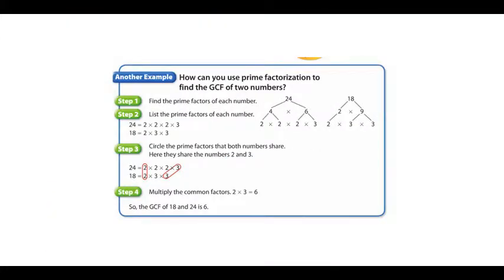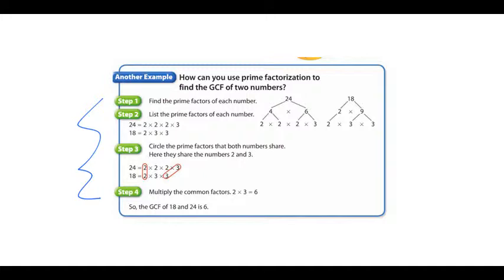Before we do that, just real quick, another example of a way you can find greatest common factors. If you don't know all the factors, this is another way that could be faster for you. So here they show steps 1 through 4 of what you could do.